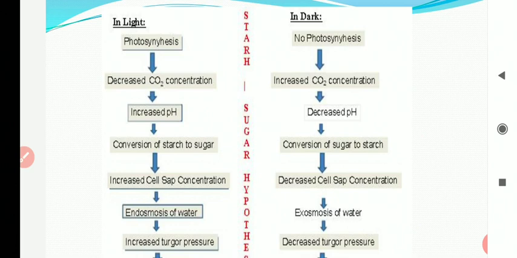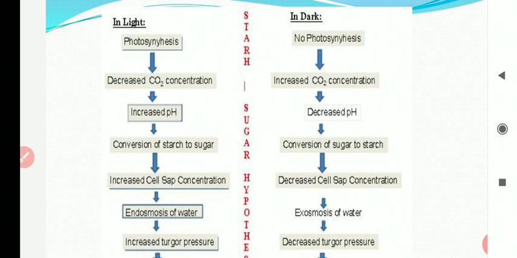So, sugar to starch and starch to sugar conversion are dependent on pH and temperature of guard cells. During daytime, the pH of guard cells remains 7, that is neutral or alkaline. It favors the conversion of starch into sugar.